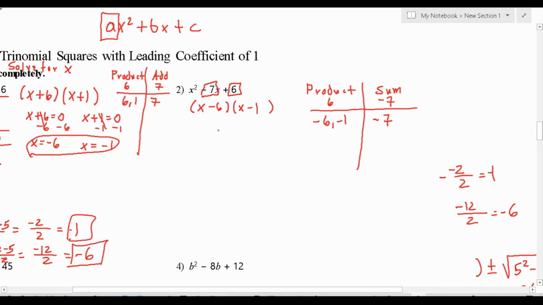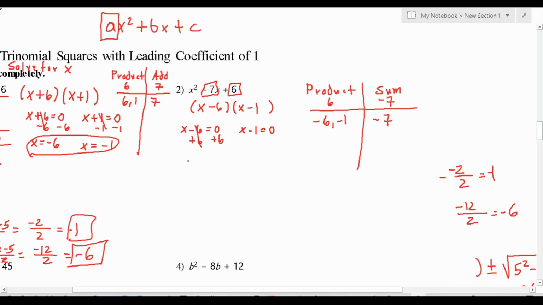And of course, on the ASVAB, instead of being told to factor this, you'll be asked to solve for x. So in order to do that, we're going to split these apart and set them equal to 0. So this x minus 6 is going to be set equal to 0. And similarly, this x minus 1 is going to be set to 0. To solve for x, we're simply going to add 6 to both sides.